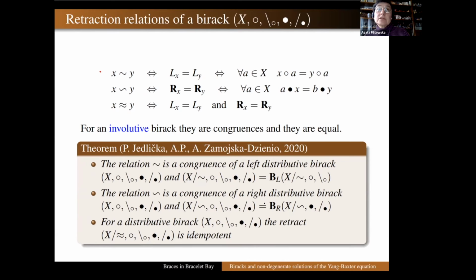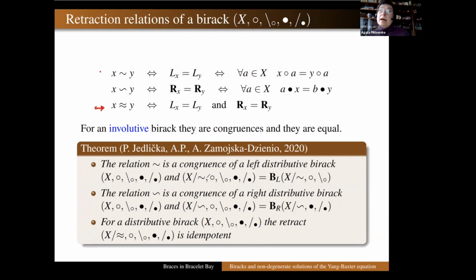And for a distributive Birack, when our algebra is simultaneously left and right distributive, of course, we know by the general result that this relation is a congruence, but the quotient, the retract, is in this case idempotent.